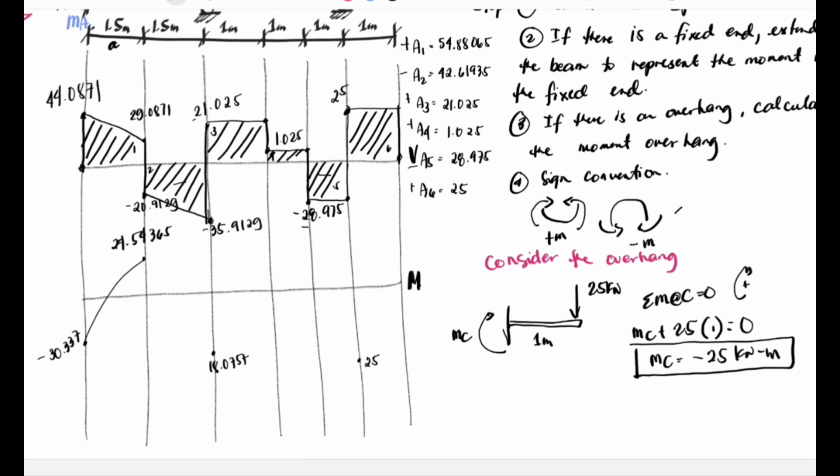And then, next naman natin is isubtract natin yung answer natin dyan doon sa ating area 2, which is equivalent to area 2 is 24.54365. I-minus natin yung area 2 natin. So, we will be having negative 18.0757, which is tama kasi yan yung ating moment B. Ayan. So, wala tayong problema.